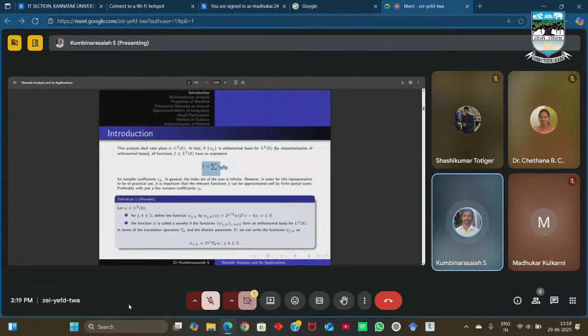Now I want to represent f exactly by this linear combination, which means I should be able to know the value of c_k. But it is an infinite sequence. If I move to practically calculating these c_k, my whole life is not enough to find those coefficients.